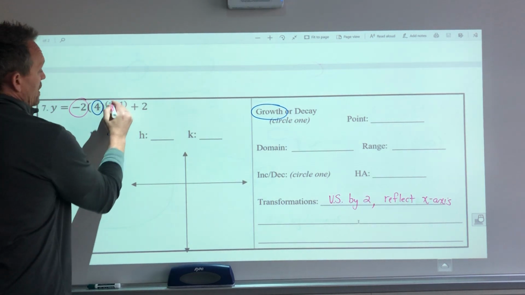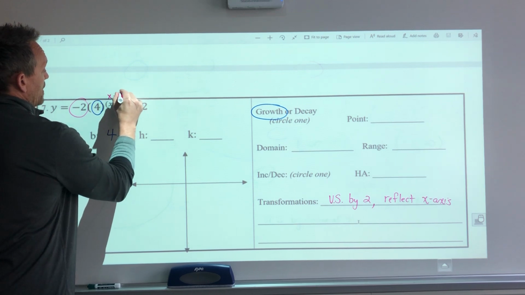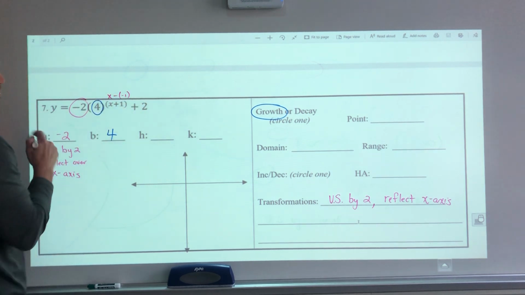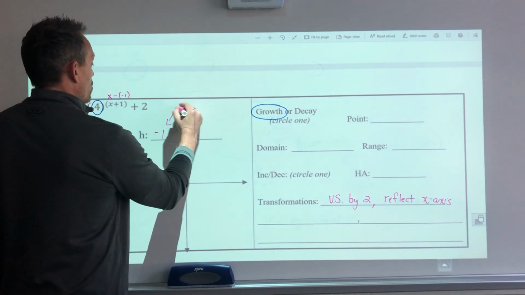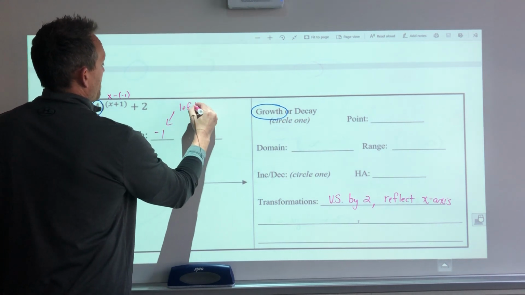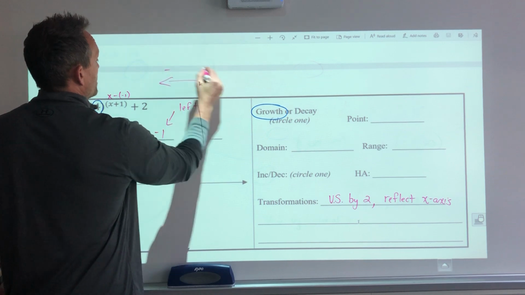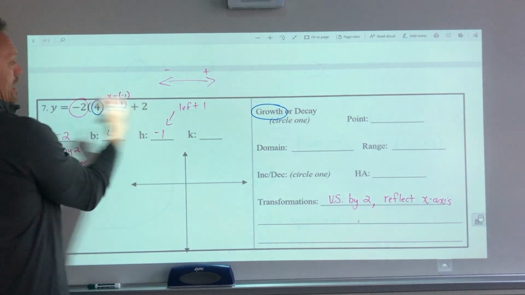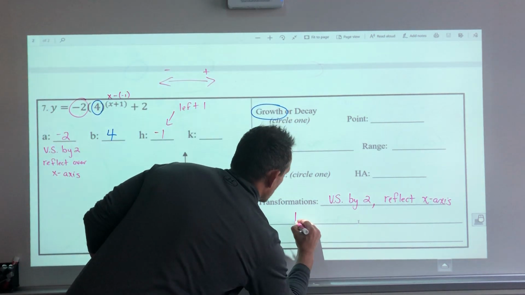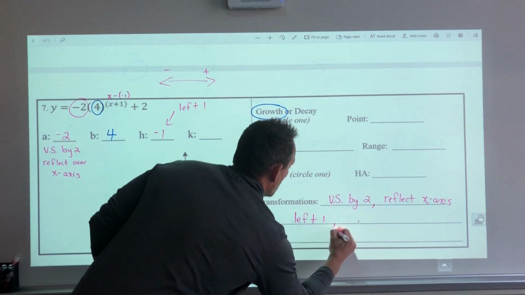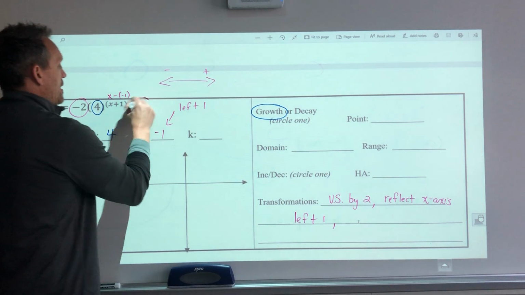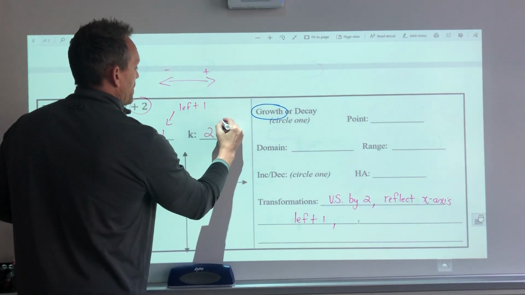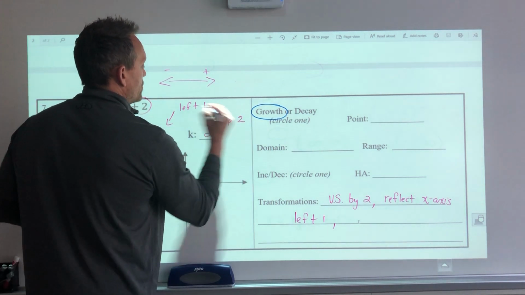Our h is x minus -1, which would give me that plus. So our h is -1, which means it's going to go left 1. Remember, negative, positive, left 1. And our k is 2, so it will be going up 2.